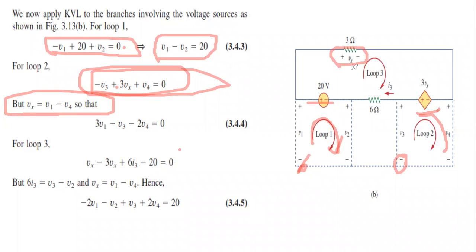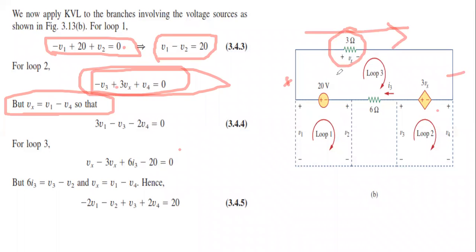You can see that Vx is the voltage across the 3 ohm resistor, and the current was flowing like this. We have taken the current like this. So definitely this is the higher potential and this is the lower potential. So I can always write V1 minus V4 as Vx, the voltage across the 3 ohm resistor.